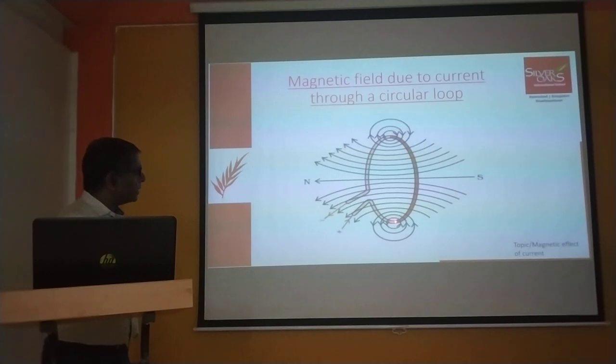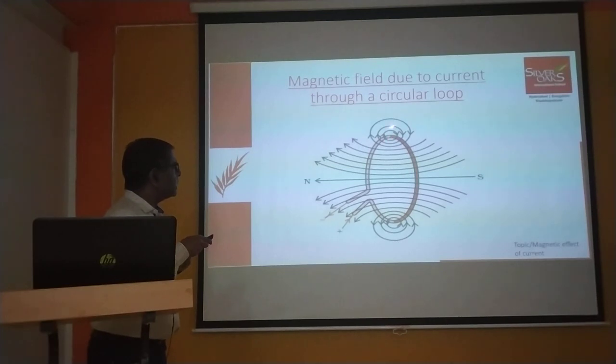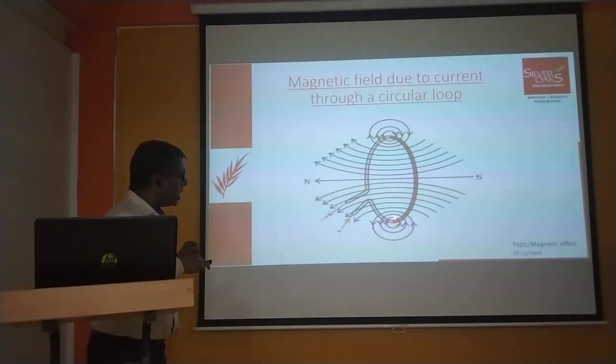So if you take a small segment of the wire, this is the wire. So if you apply the right hand thumb rule, you find that the magnetic field lines are like this. If you see this, they are clockwise because the current is flowing like this. Similarly, if you see here, now the direction of current is like this. So if you see here, the magnetic field lines due to a small segment of wire is anti-clockwise.